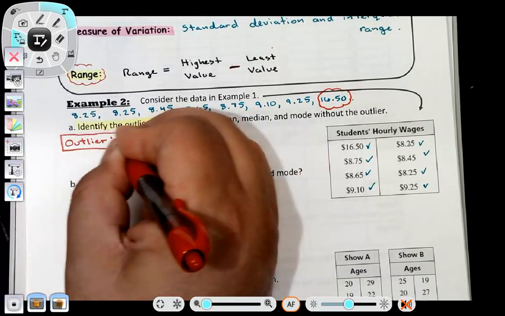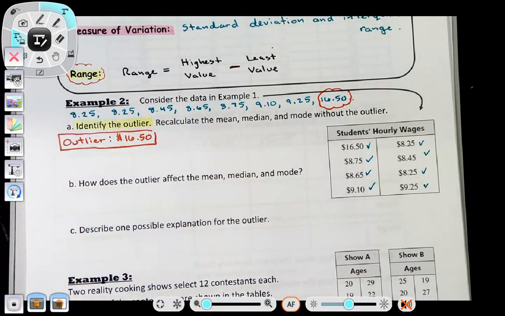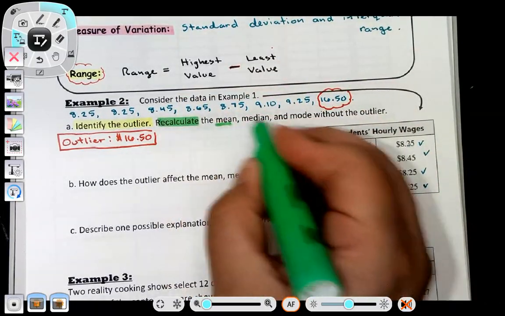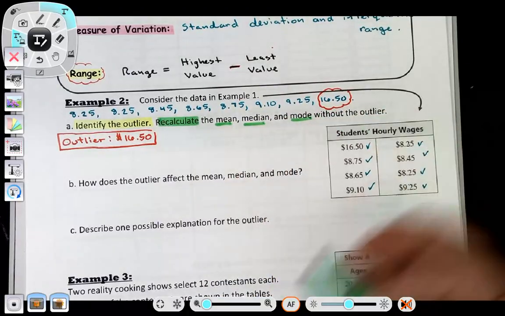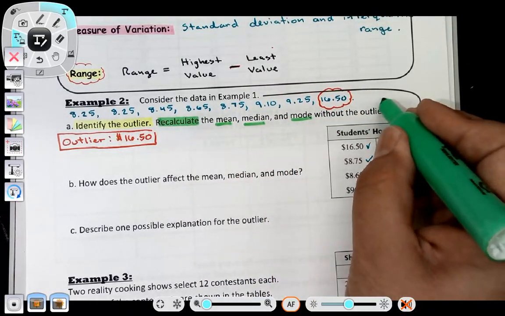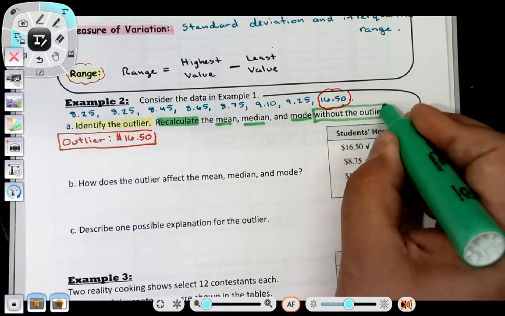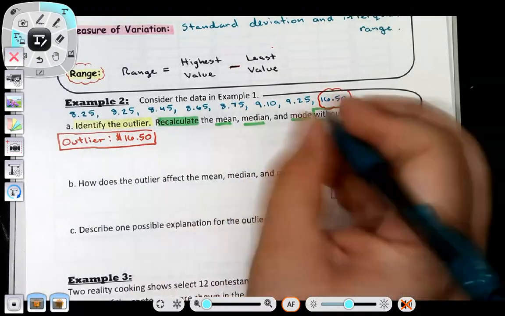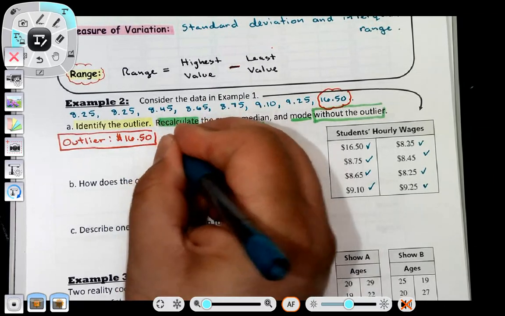So there's that answer. And then they said, all right, well, now that you did that, let's recalculate. So now they want you to do the mean, the median, and the mode again, but without the 1650. All right, well, we had already done it before, so here we go again.